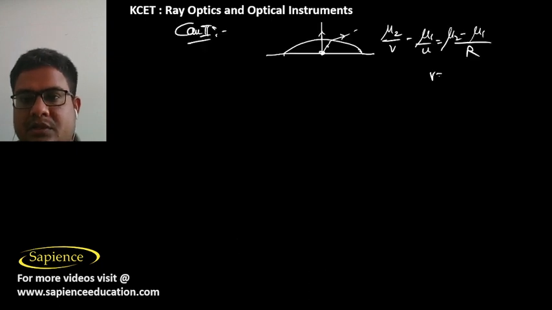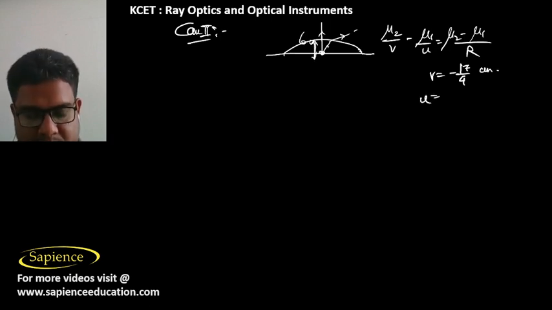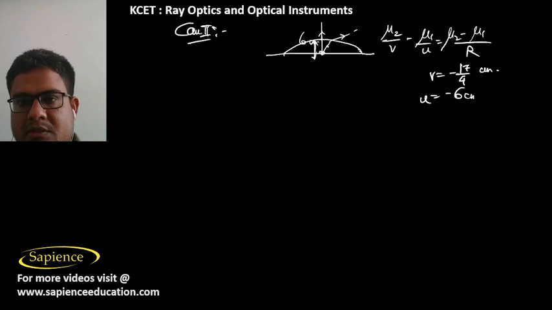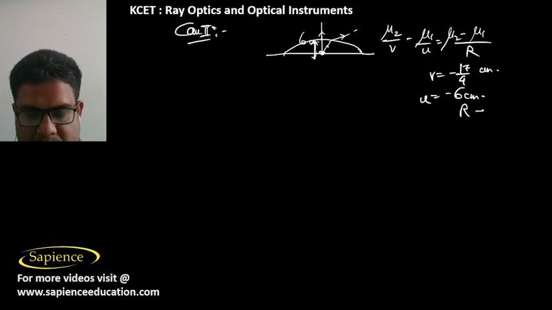It means that v is minus 17 by 4 centimeter, and u is minus 6 centimeter. Here we should take the radius of curvature as minus r, since the center of curvature is on the negative side.